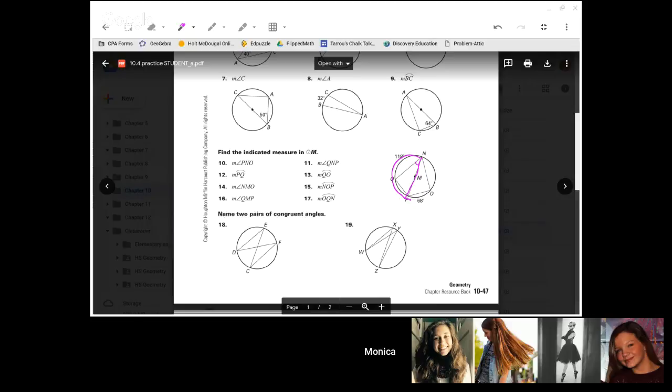But what's the measure of it? Okay, it's 180. So if we know that that's 180 all the way around, can we figure out what just this little section is here?